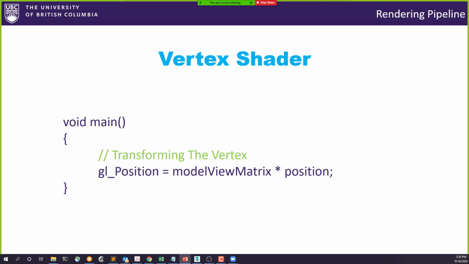This model view matrix contains all the world coordinates and the camera coordinates, basically the view coordinates, and it's just transforming the vertex into a screen position. So it's a super simple vertex shader that is basically doing nothing. It's just applying the transformations and passing to the next stage.